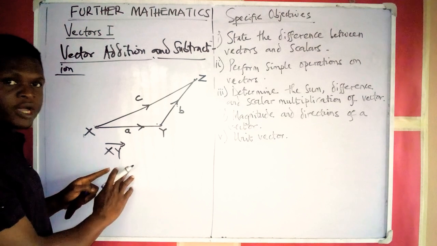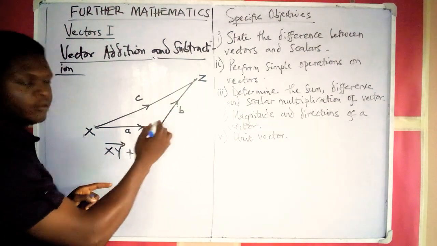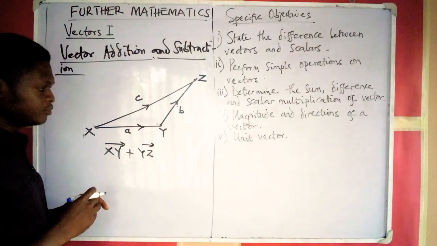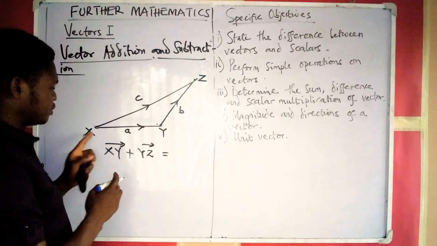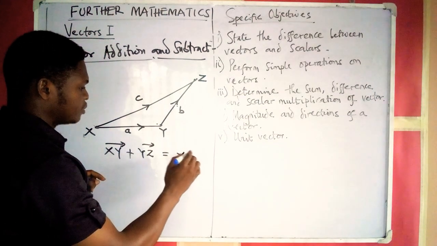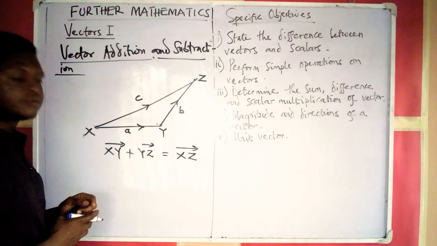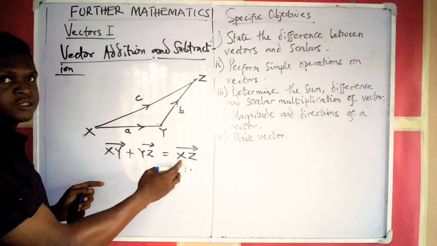So this is XY plus YZ, that's vector YZ, is equal to what? X what? Z. That is true. XY plus YZ is equal to what?